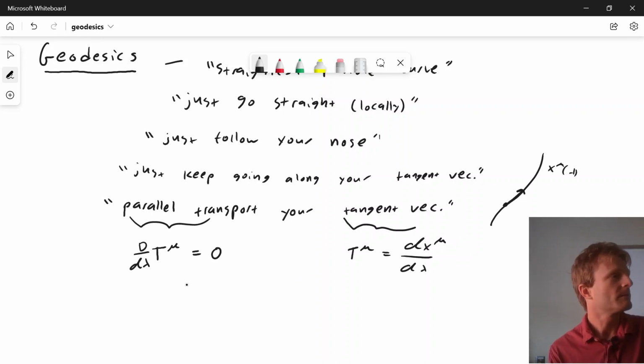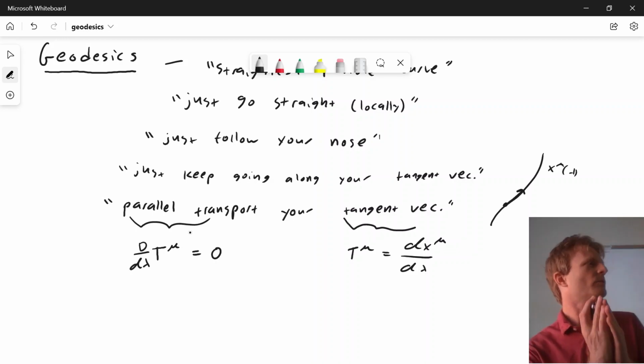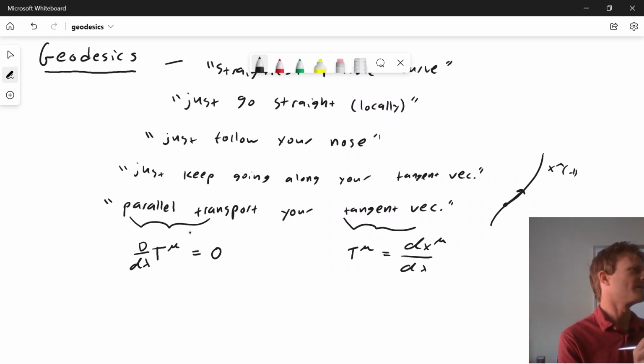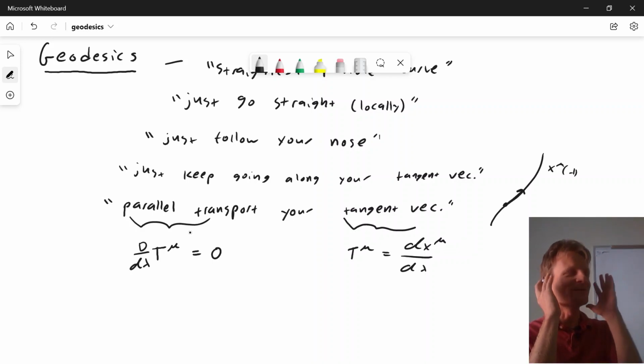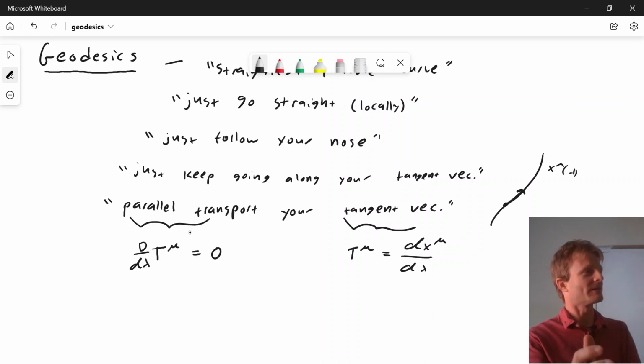Now, there's one point about this that is sometimes a matter of definition. But what you could do is also rescale your tangent vector, right? Make your nose longer, if you like, in this analogy. The notion of a direction doesn't care about the length.